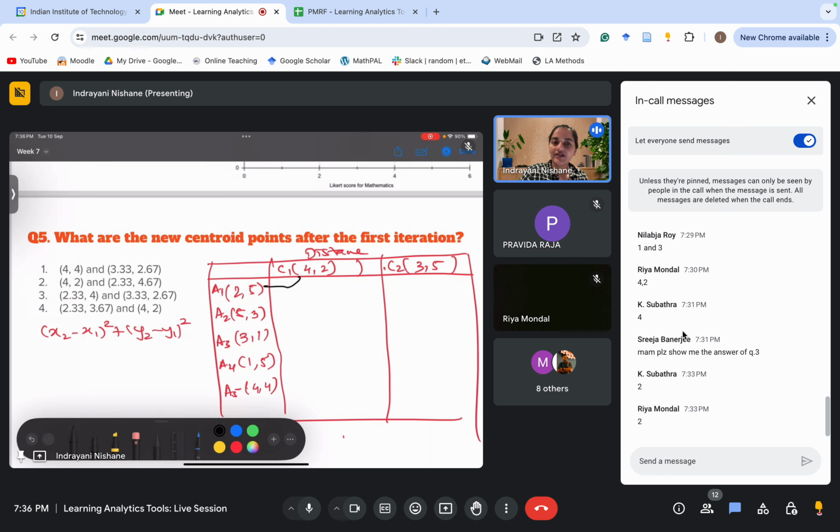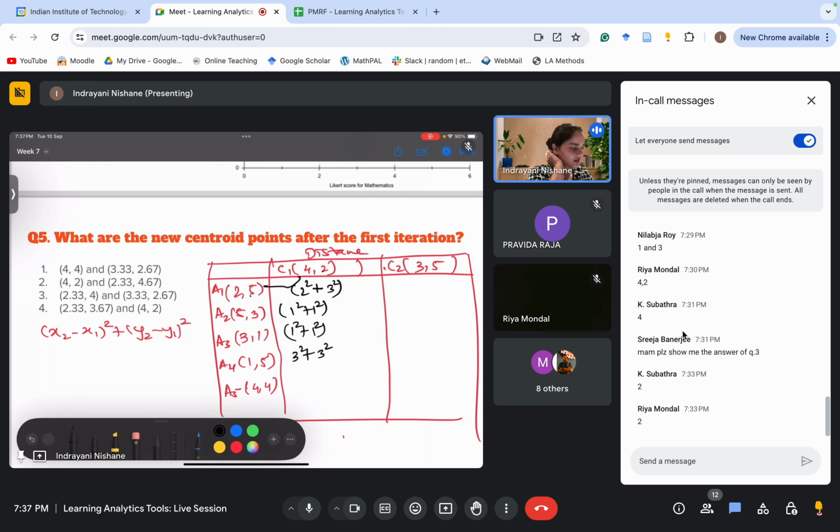Even if it is negative, after squaring it becomes positive. So the difference between 4 and 2 is 2, so 2 square plus the difference between the y coordinates, 3 square. Similarly we will compute for A2, A3, A4 and A5: 1 square plus 1 square, 1 square plus 1 square, 3 square plus 3 square.